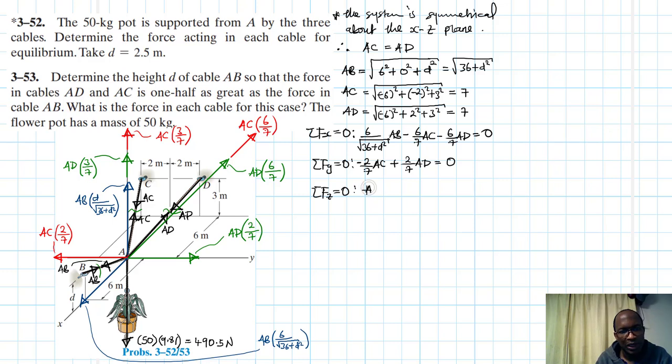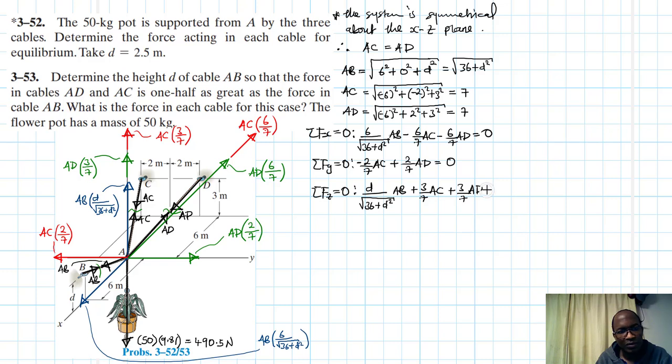In the Z we have d divided by root of 36 plus d squared times AB, and then we have plus 3 divided by 7 AC plus 3 divided by 7 AD.